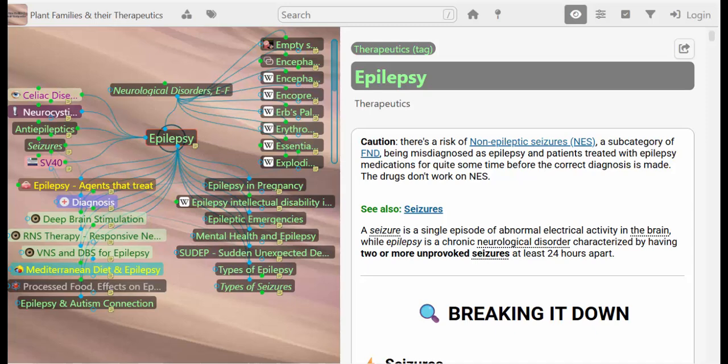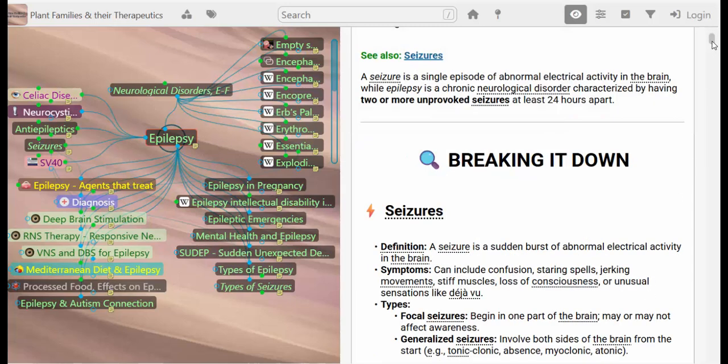A seizure is a single episode of abnormal electrical activity in the brain, while epilepsy is a chronic neurological disorder characterized by having 2 or more unprovoked seizures at least 24 hours apart. So let's break it down. We've been through seizures.